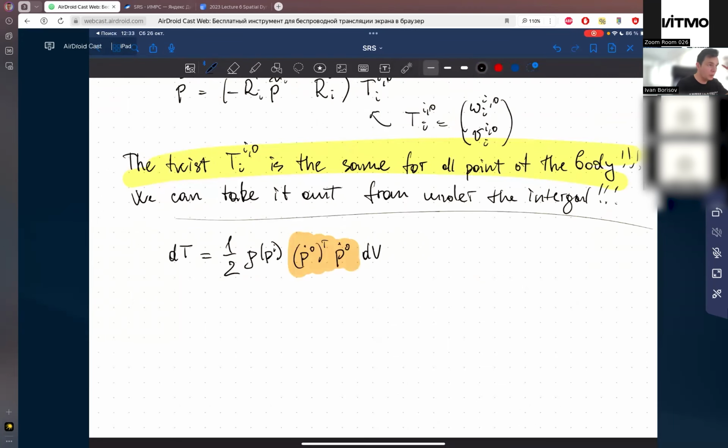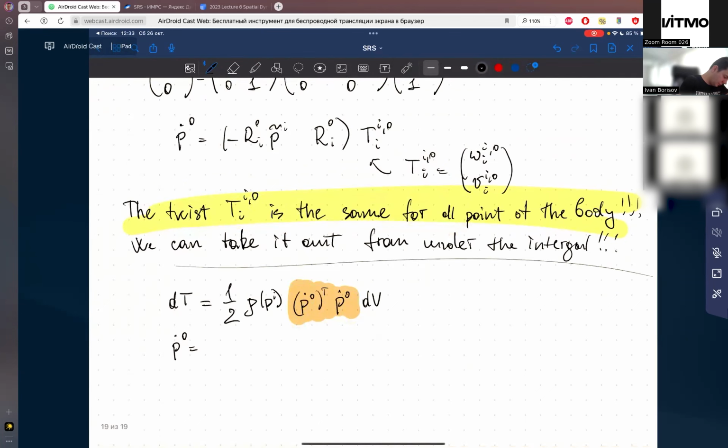We're gonna work only with the velocities. So we know now that p dot 0 equals this stuff, right?